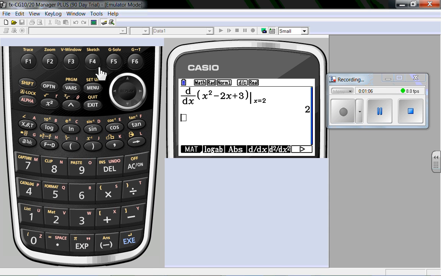Let's take the second derivative of that same function, x squared minus 2x plus 3. We'll evaluate that one at 6. Not that it's going to make a difference. Second derivative is going to end up the same.